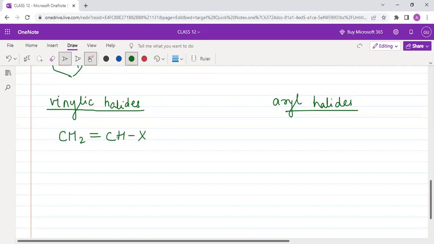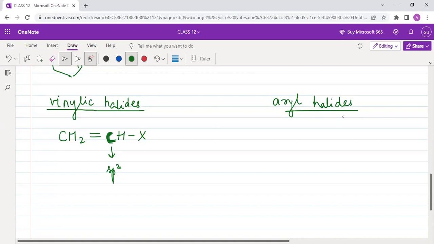In allylic halide, the halogen was attached to the carbon next to the doubly bonded carbon atoms. Now, can you tell me the hybridization of this carbon? It's sp2 hybridized, because it is making 3 single bonds.